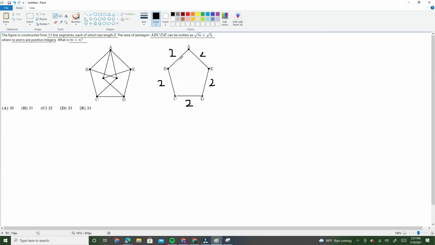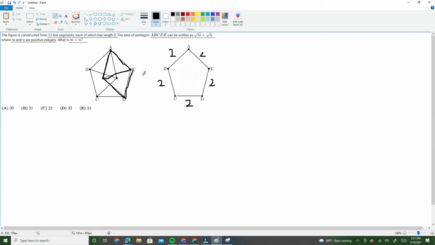Second, looking at our original diagram, we can actually deduce some angles. Since all these line segments are 2, we know that this triangle here is an equilateral triangle. And the same can be said about this triangle here. This is because it's made of 3 line segments of equal lengths.